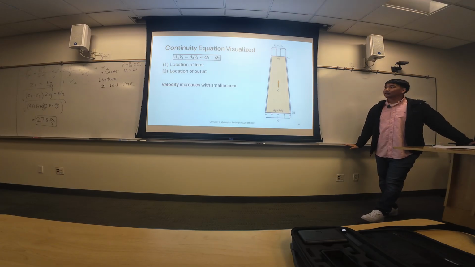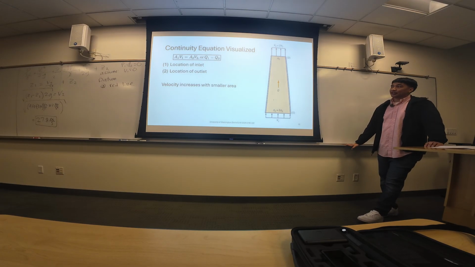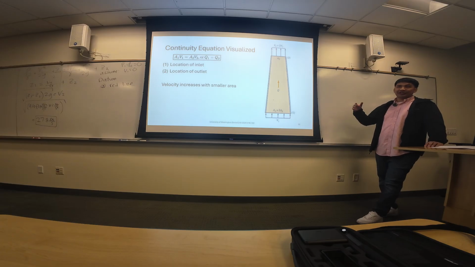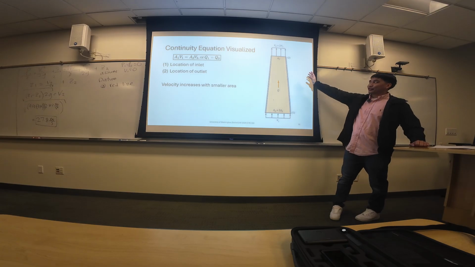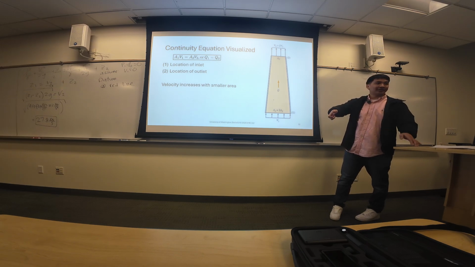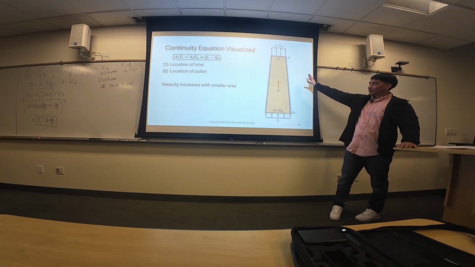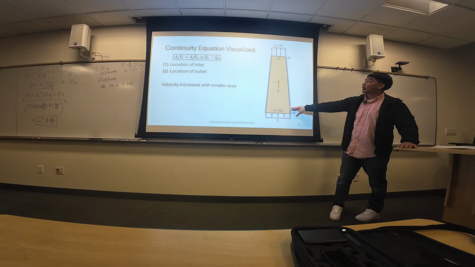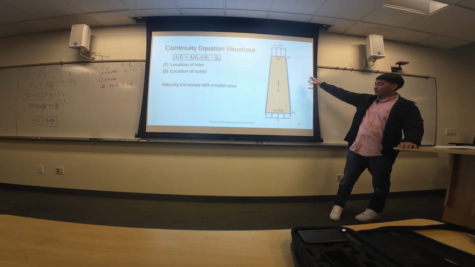Okay, so intuitively, so you understand what this equation means, don't even look at what I have there. Think of a hose, right? So if everyone uses a hose at any point, wash your car or your plants, the moment you put your thumb on the hole, right, the pressure increases. So this is kind of a good visualization of a bigger area down here and smaller area up there.